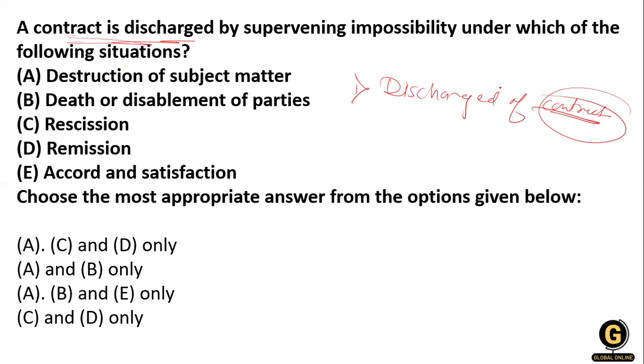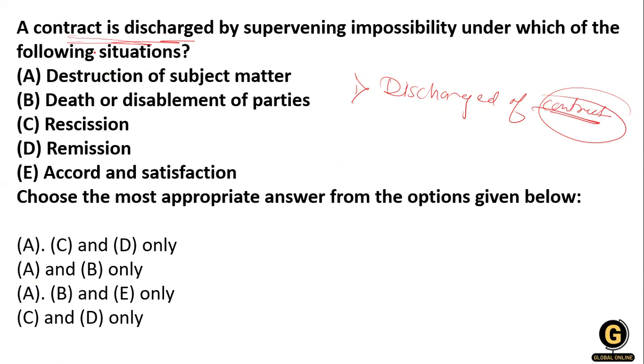What is the meaning of discharge of contract? Discharge of contract means a cancellation of a contractual relationship between the parties. Clear? So what are the conditions when the contract is going to be discharged?